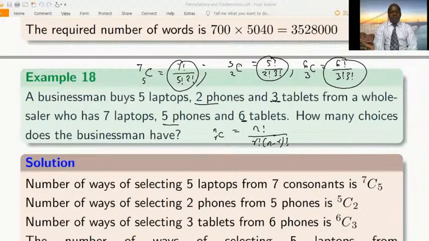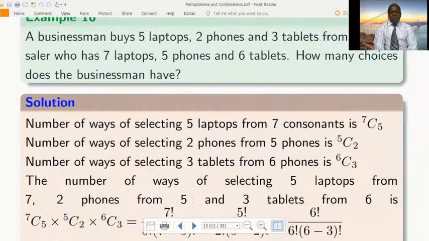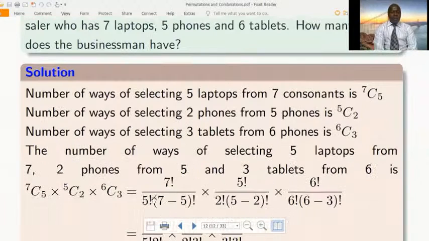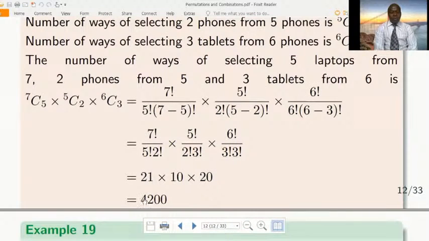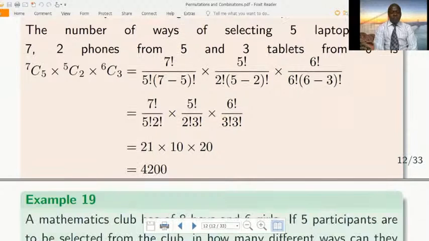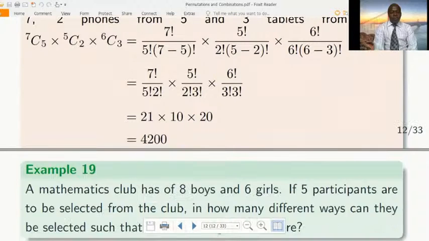And I've explained it here for the sake of those who are writing notes, and you can see that with these three, we get 4,200 ways. You have all these ways of buying those items.